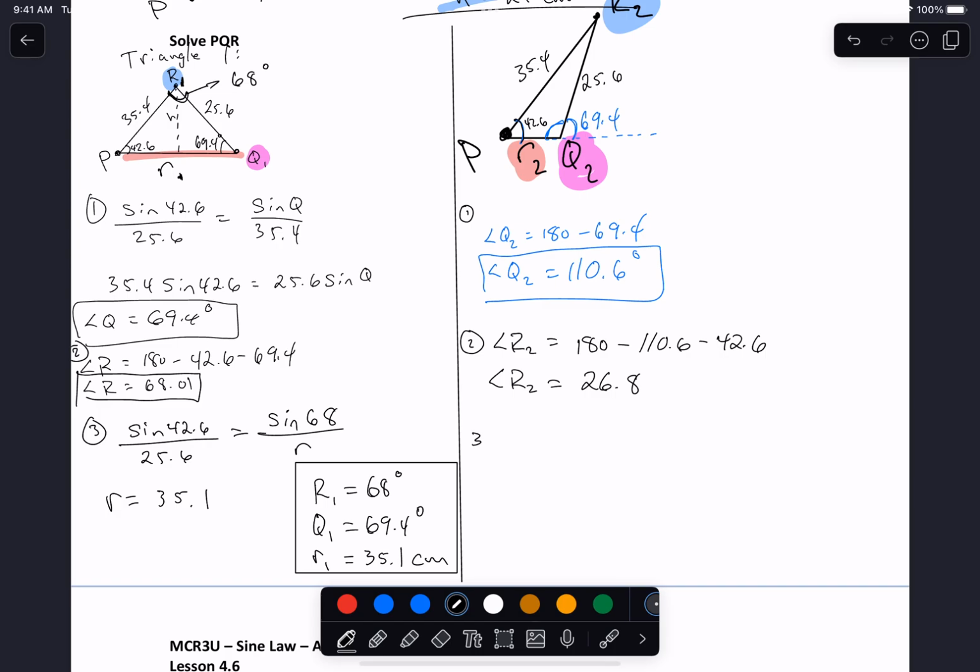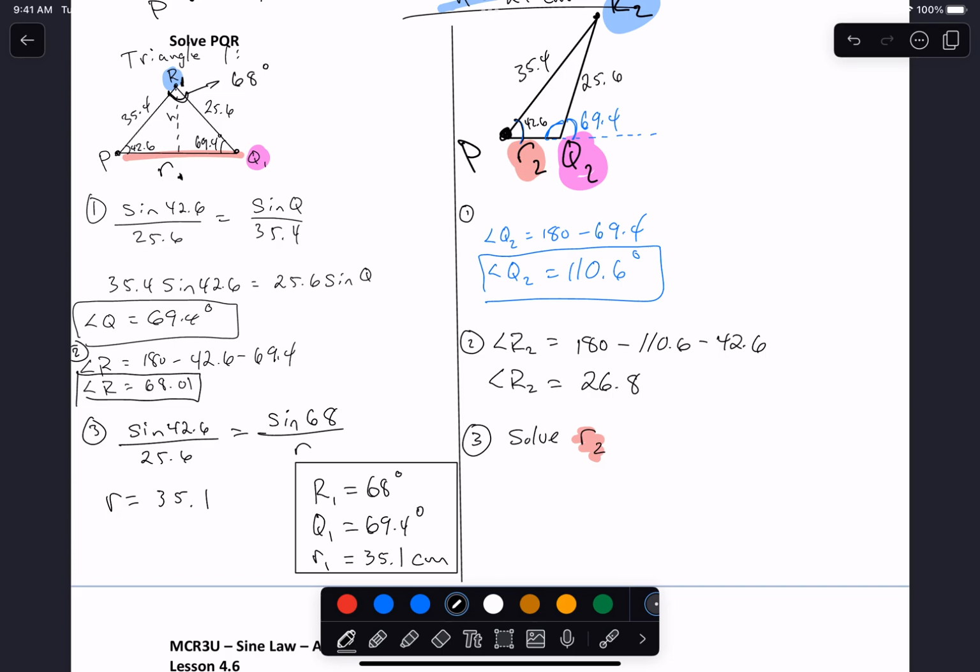Okay, and step 3. We're going to solve for that red R2. How do I do that? I don't know if there's a shortcut for that. I think you just got to use sine law.